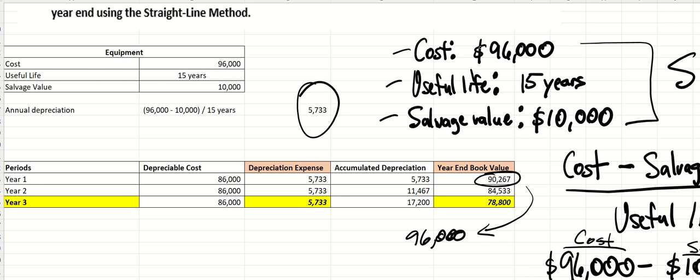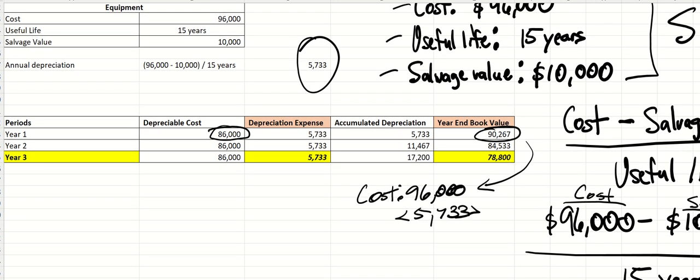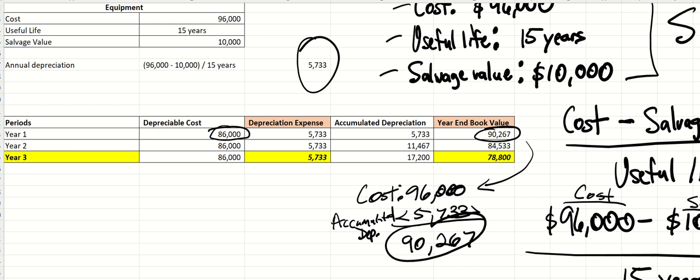Even though the depreciation is being taken from this 86,000, the book value is going to take into consideration the $96,000, which is the cost. So we take the cost, subtract out the 5,733. That's our accumulated depreciation. That's going to give us 90,267. Okay, so that matches. As you can see here, the accumulated depreciation is 5,733.